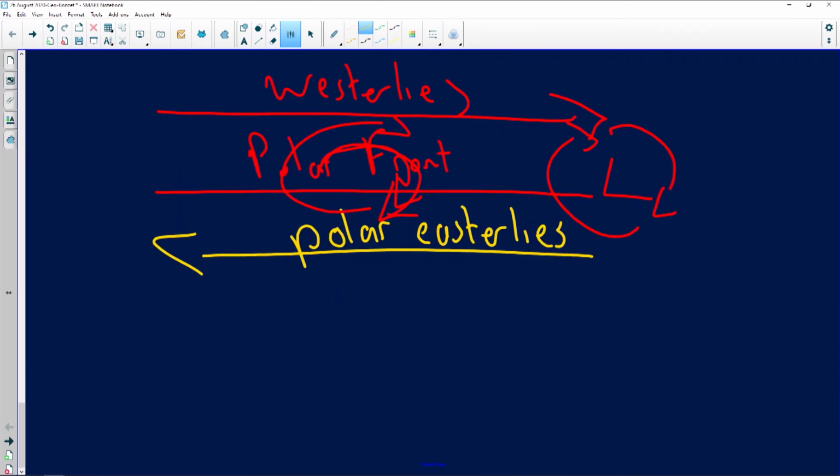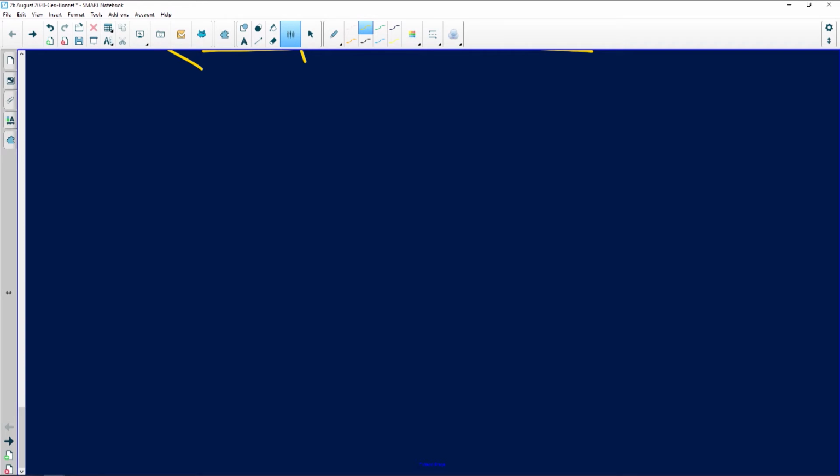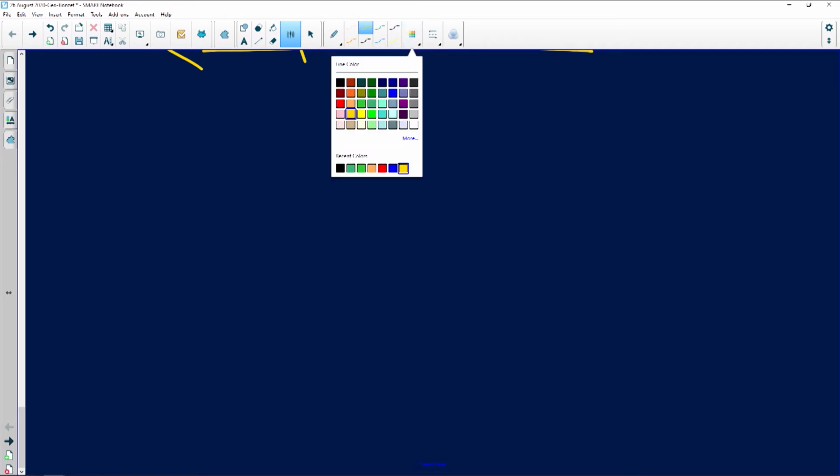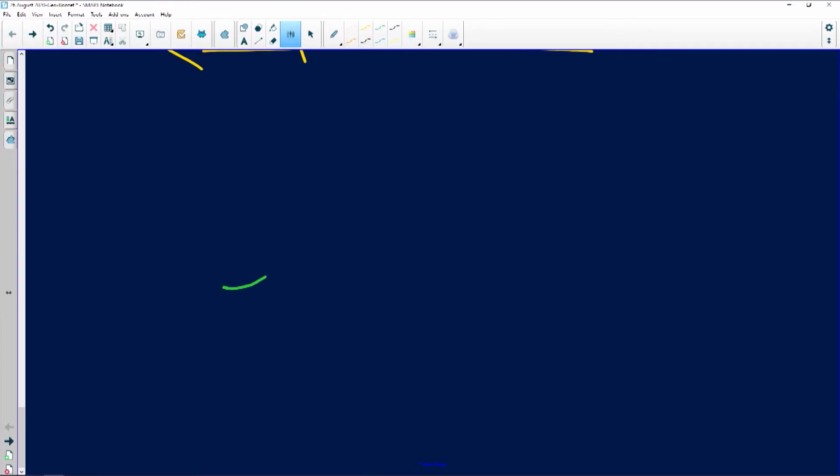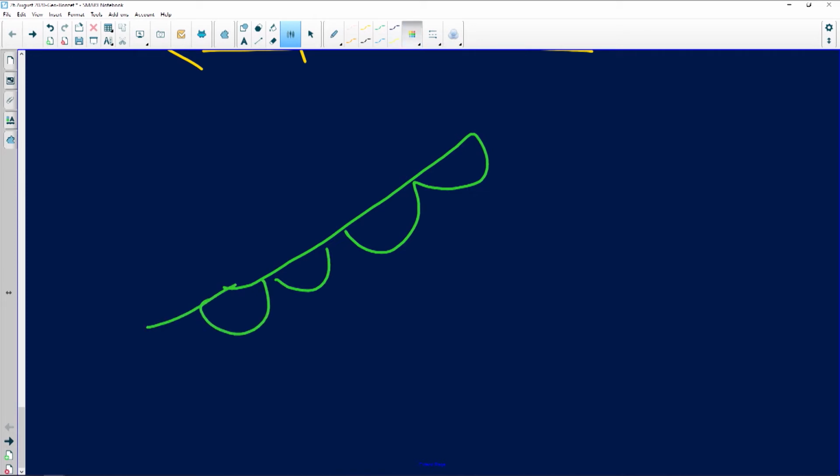Now, after the mature stage, we have the occluded stage. It's when the cold front caught up. Keep in mind, I'm going to use the color green for the cold front. I'm still going to use the color red for the warm front. So eventually, the cold front has caught up with the warm front. Okay.